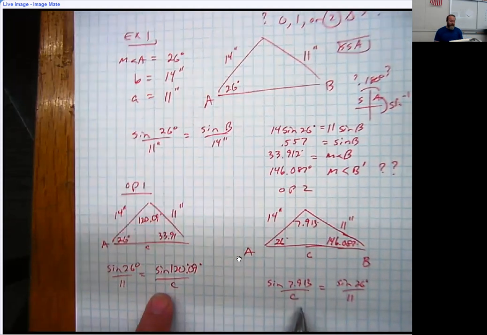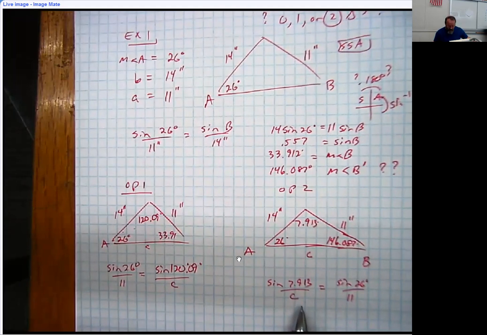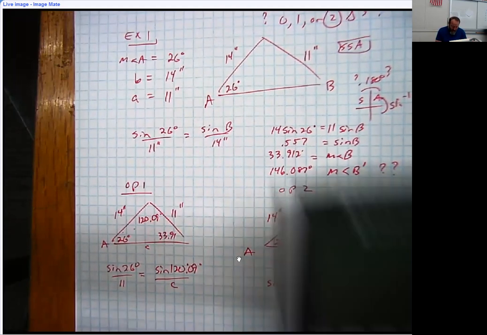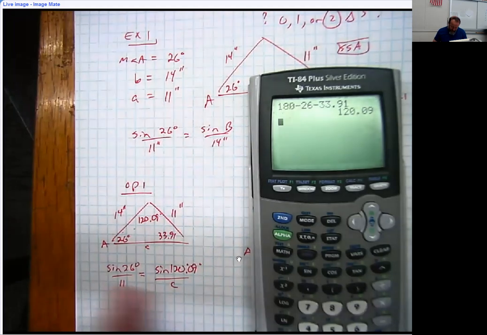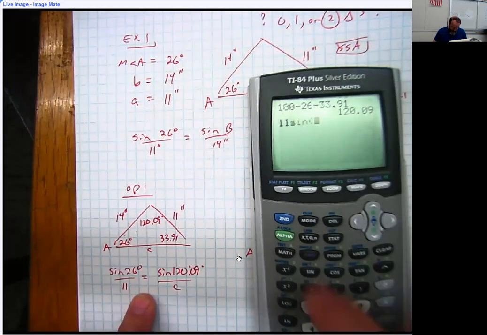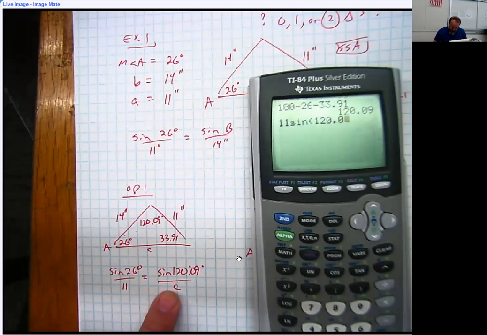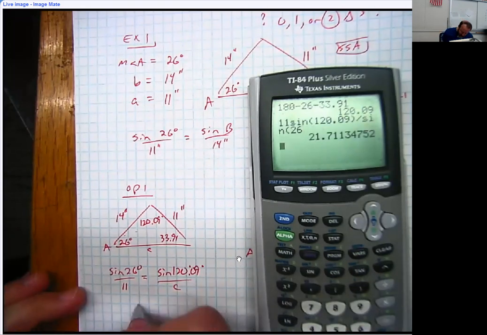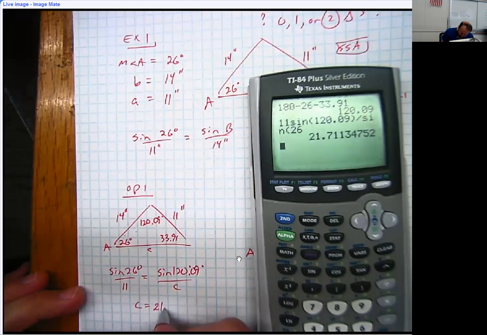So notice we have two totally separate c values that exist there. In fact, I think I'll go ahead and find both of them. So it'd be 11 times the sine of 120.09 divided by the sine of 26. So this c value over here would have been 21.71 approximately.